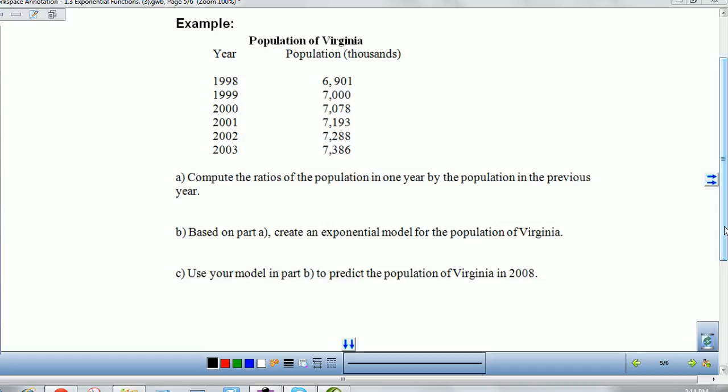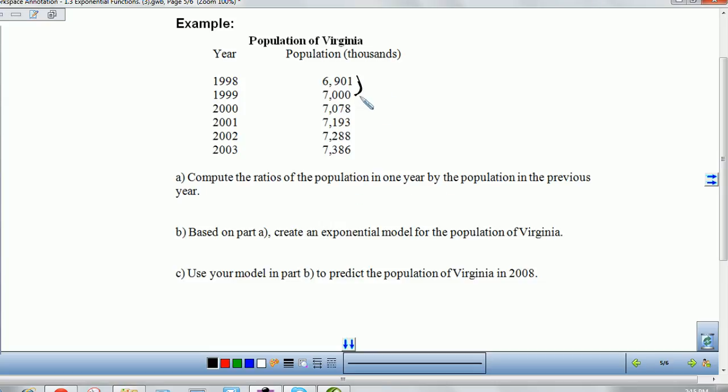Compute the ratios of the population in each year by the population of the previous year. So what you're going to do there is look at the ratios, the population in year 1 divided by the population in the previous year.